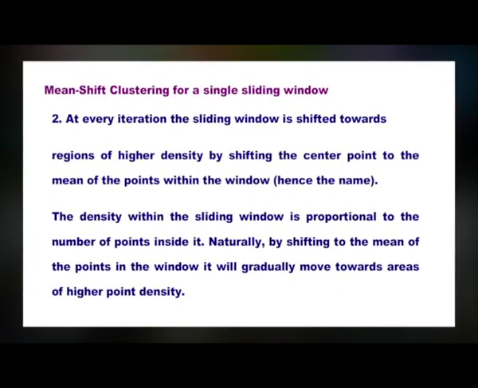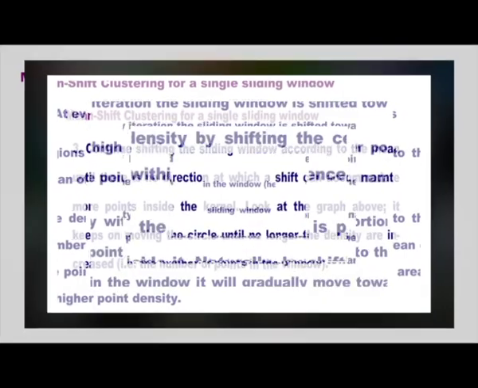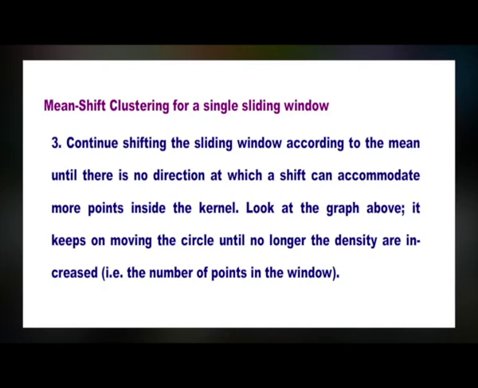At every iteration, the sliding window is shifted towards a region of higher density by shifting the center point to the mean of the points within the window, and hence the name. The density within the sliding window is proportional to the number of points inside it. Naturally, by shifting to the mean of the points in the window, it will gradually move towards areas of higher point density. Continue shifting the sliding window according to the mean until there is no direction in which a shift can accommodate more points inside the kernel.